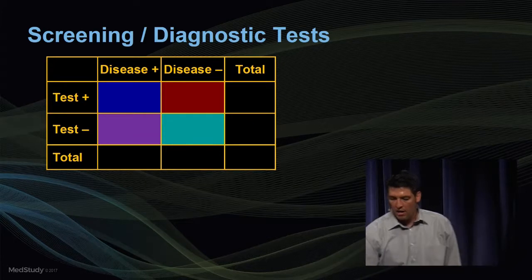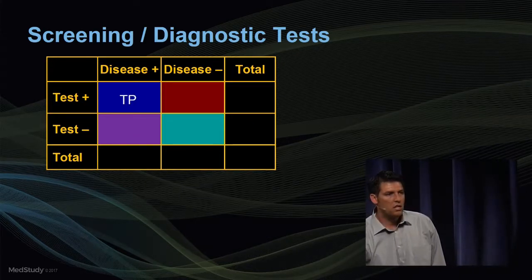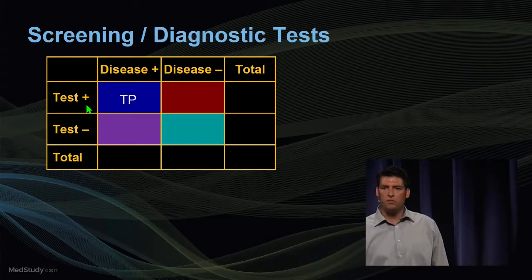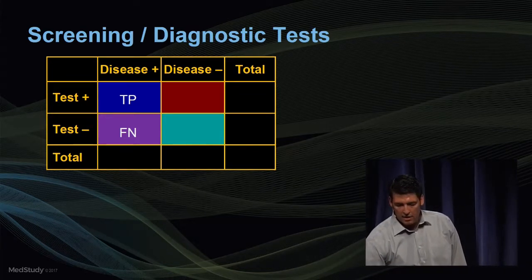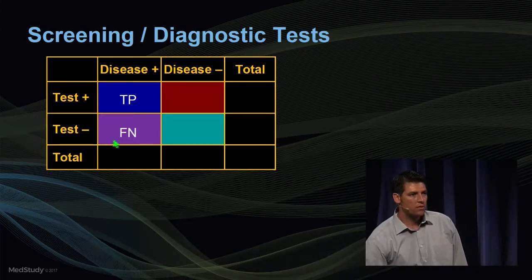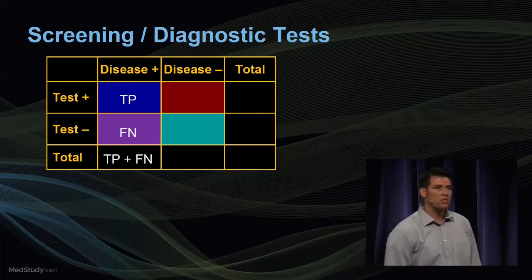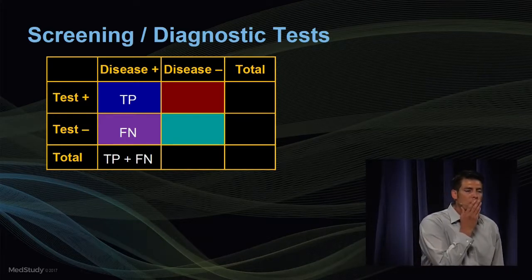So if I have folks that are disease positive and my diagnostic test turns up positive, that's a true positive. Okay, it made the correct assignment. Those that had test negative are false negatives. They really had the disease, but the test said that they didn't. And then the total is just the sum of those two things.